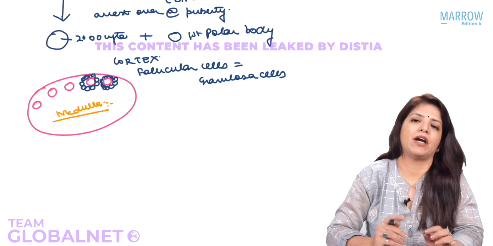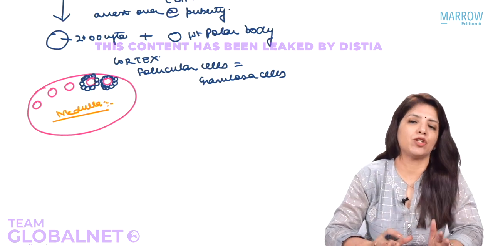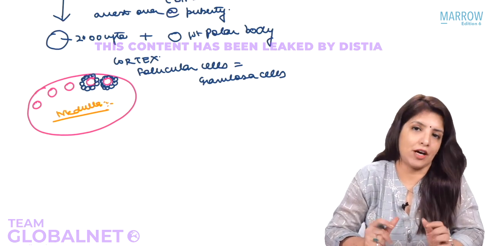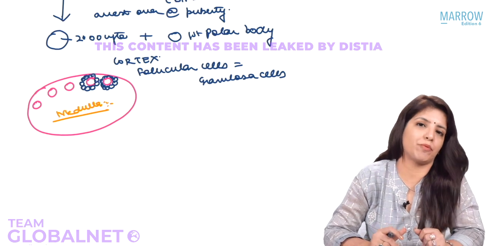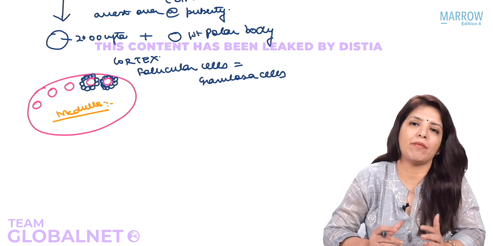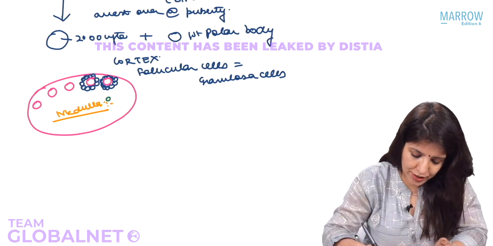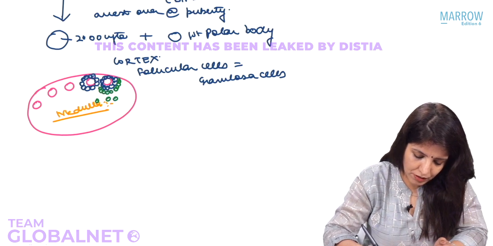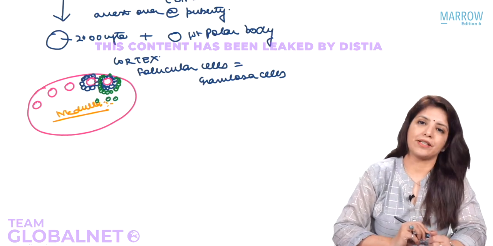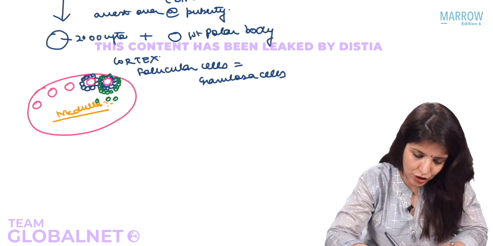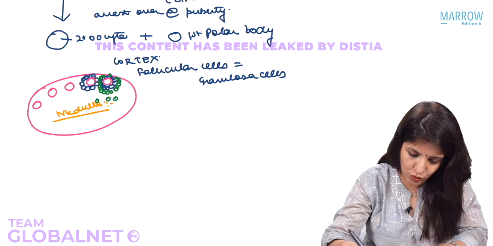In the medulla, blood vessels are present, plus certain stromal cells are present. One of the stromal cells present in the medulla are the theca cells, right? These theca cells also go and surround the primary oocyte, right? So I am just going to make an enlarged view of this structure.